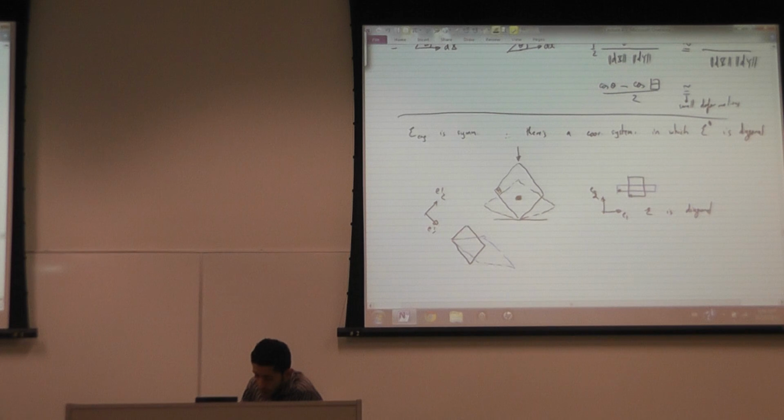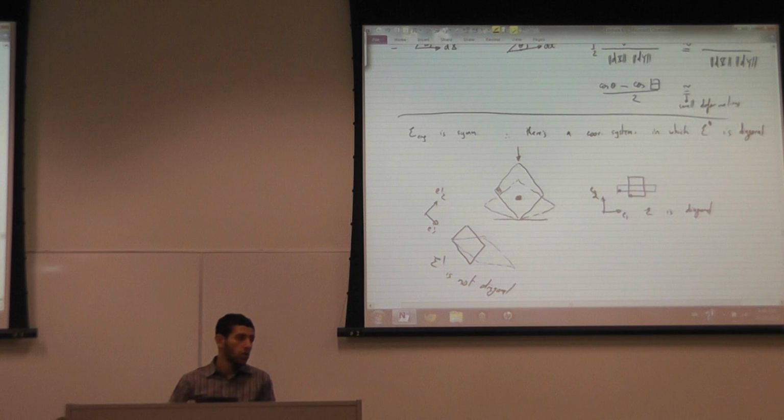And so there is shear strain. So it really depends on which coordinate system you're looking at.